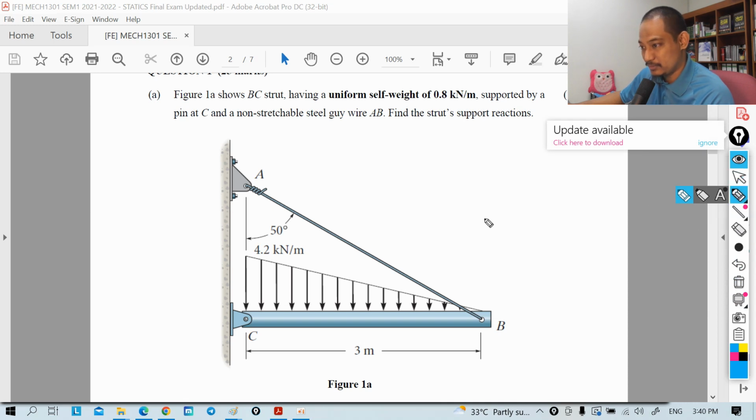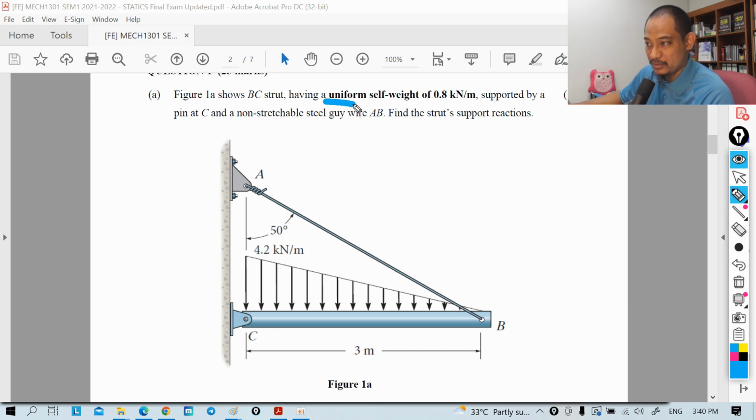So this information means that this beam will be having a weight, right? Because it says it has self weight, and this is the density basically, right? 0.8 kilonewton per meter. So we have how many meters, and then we can calculate the kilonewton.